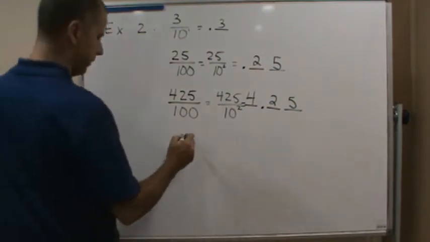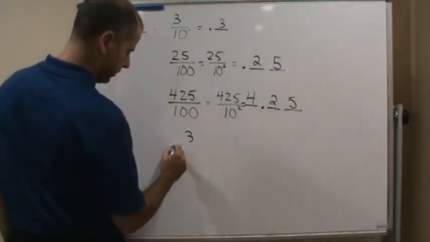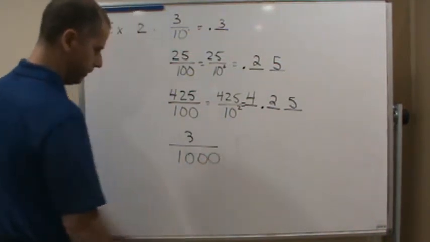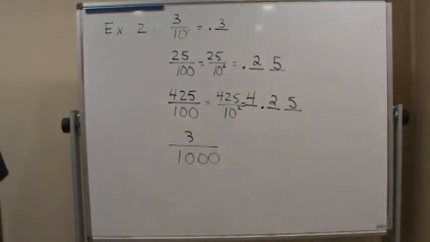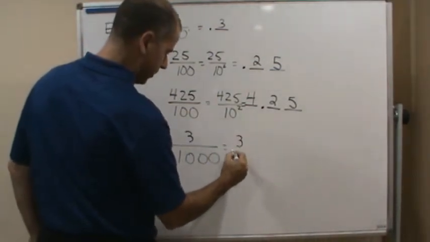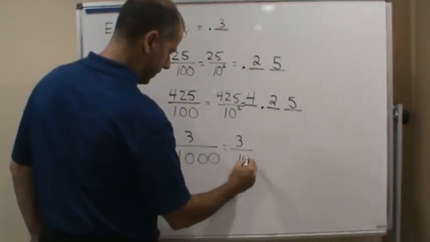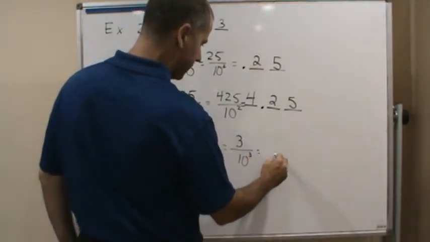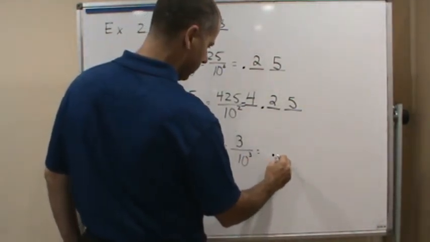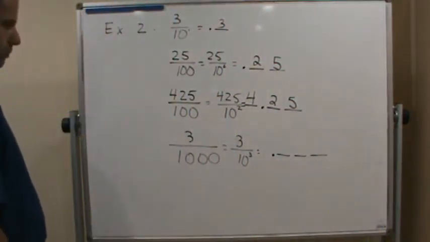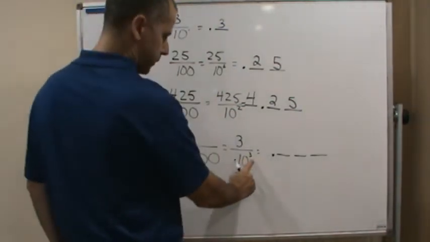Okay, last one. Let's look at this one. So let's do it again. Let's write it as a power of 10. So this is the same as 3 divided by 10 to the third power. And so again, we're going to need 3 spaces to the right, because the exponent is 3.